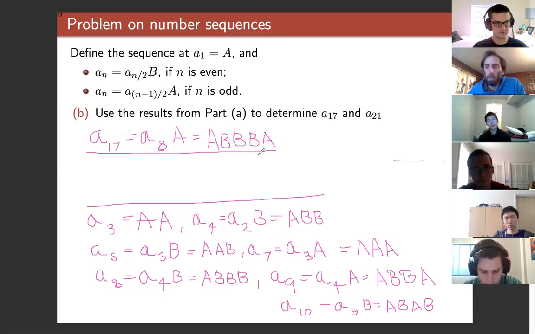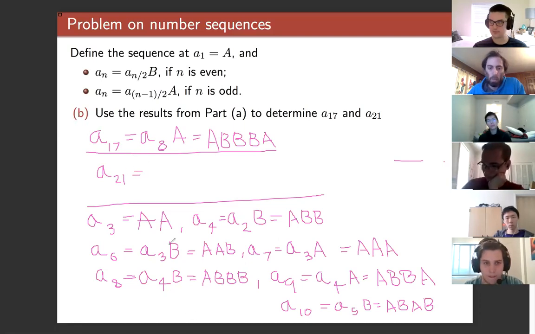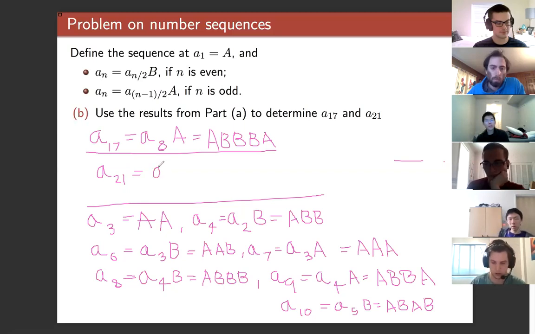Similarly, we can do A21. So, does anyone want to tell me what A21 is? If you'd like to, you can do it, and I'll just fill it in. I can. Go ahead. Okay, so it's odd, so it's A of 21 minus 1 divided by 2, which ends up being A10.